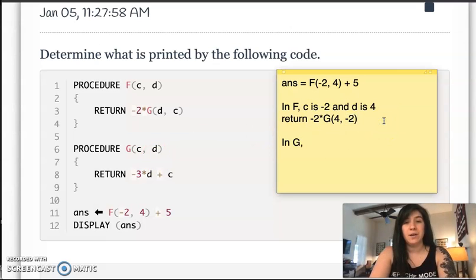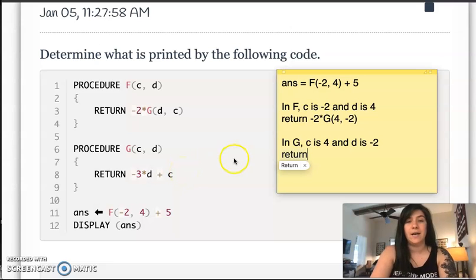In g, c is now 4 and d is -2. I know this is confusing, but this is coming from how these numbers were plugged in. I see that g takes c first and then d, so the number 4 being first makes it c, and the -2 being second makes it d. Then it returns -3 times d plus c.